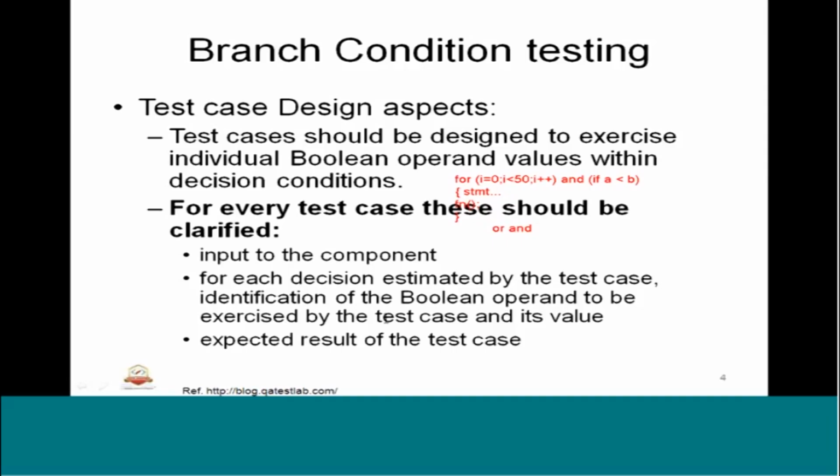That means what actions that block is going to do for each of these Boolean operand expressions in terms of inputs will be exercised, and also the value that it carries in terms of the execution, and of course what is expected out of each condition while it is getting executed. So that is also very important to understand.